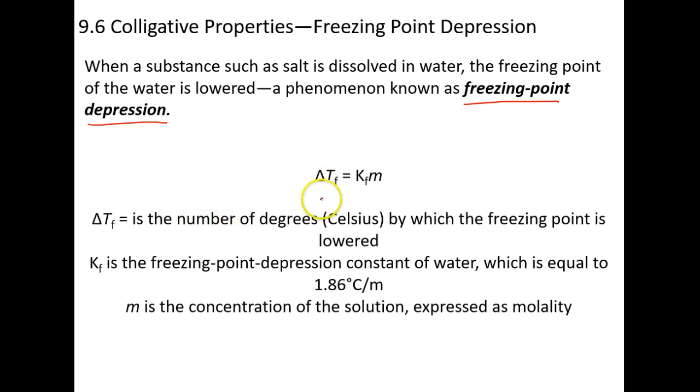And here's an equation to actually figure out how far it's lowered. What's the reasoning behind it? There's a lot of different ones. One is that when things freeze, they are very ordered. The water molecules have to be very ordered in order for it to freeze, and they all pack on top of each other in a crystalline fashion. Well, if you have impurities trapped inside of the water, such as salt molecules, the water can't form this crystal lattice.